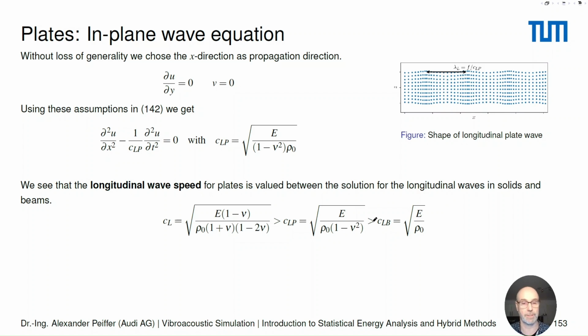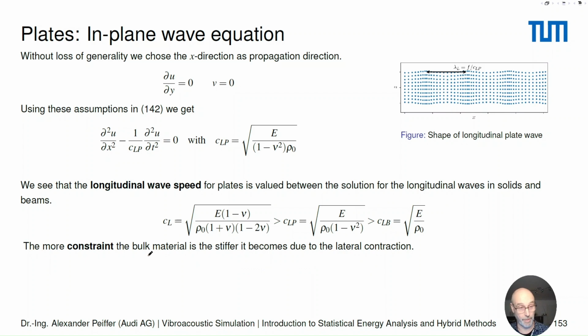So here we have just shown all the different versions. This was the longitudinal speed for solid material, which is larger than the one for plates, which is larger than the one for bars. The reason is quite simple. The more constrained the material is, the stiffer it becomes due to the lateral contraction. And that means from solid to plate to bar, we have a decreasing longitudinal wave speed.